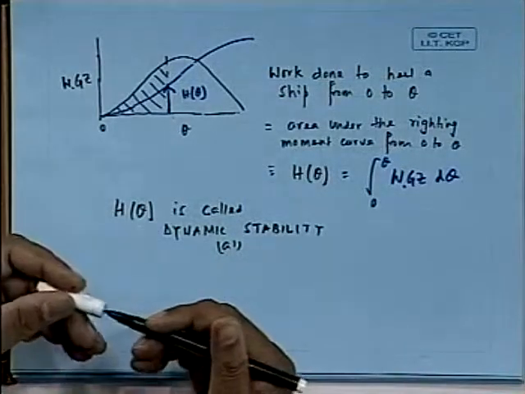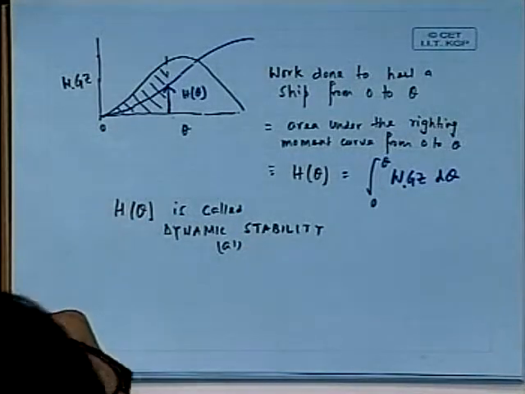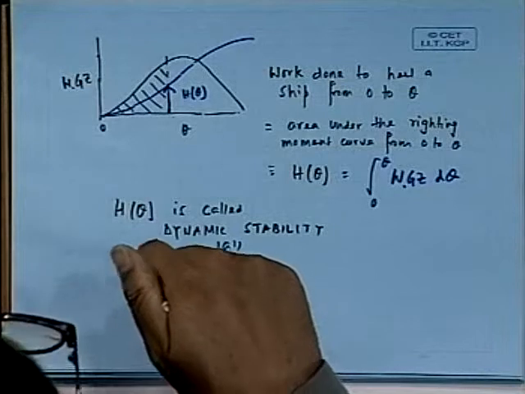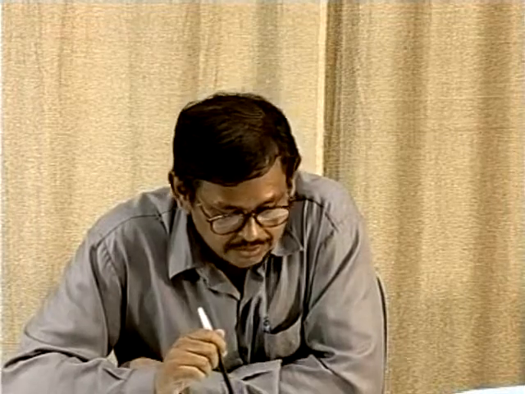Now here I want to again stress certain things. From basic mechanics, this is another of the typicality of our naval architecture profession, the use of the word dynamic stability. In basic mechanics, a system is called statics if there is nothing changing with time.